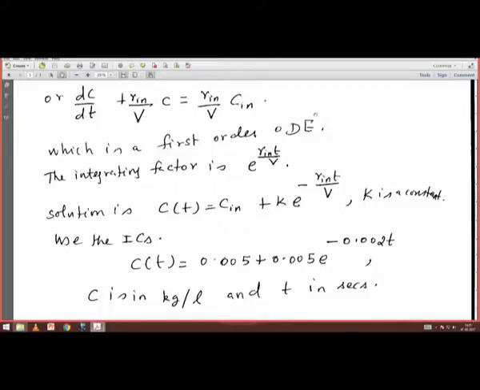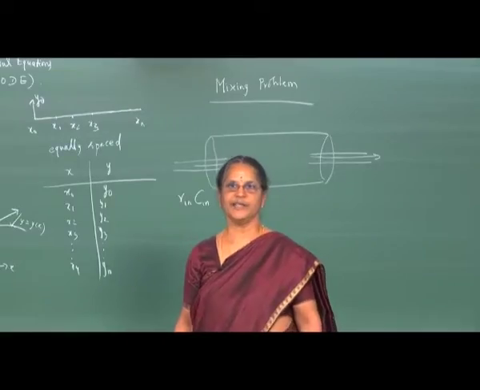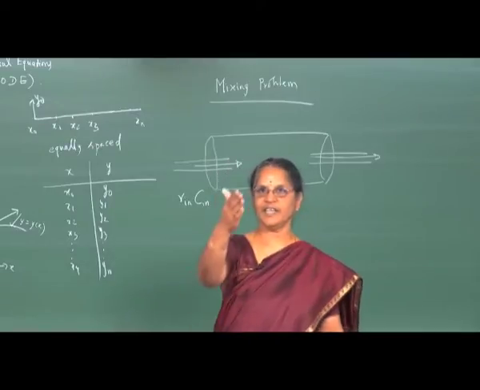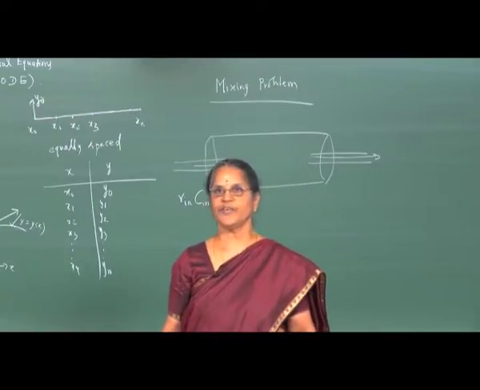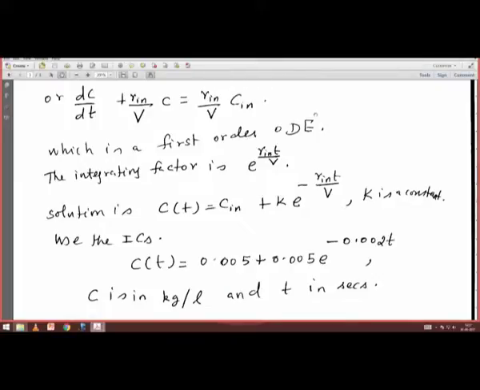So, we can analytically solve this differential equation by getting the integrating factor, which is e to the power of R in into t divided by V. So, the solution immediately comes out to be C of t equal to C in plus k into e to the power of minus R in into t by V, where k is a constant which is determined using the initial condition which is given for C at t equal to 0.